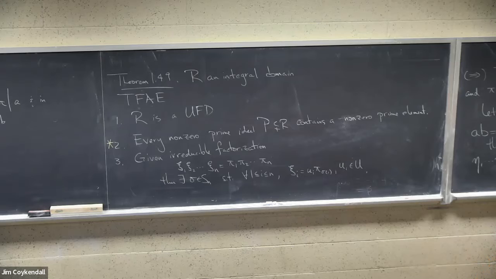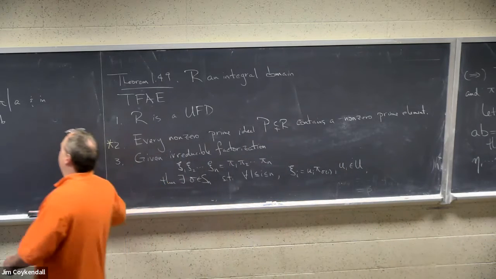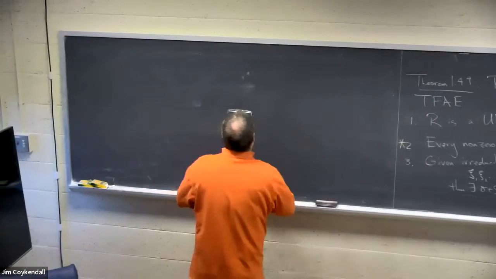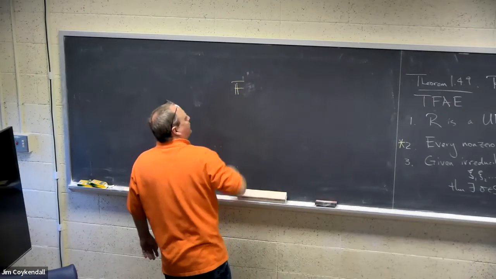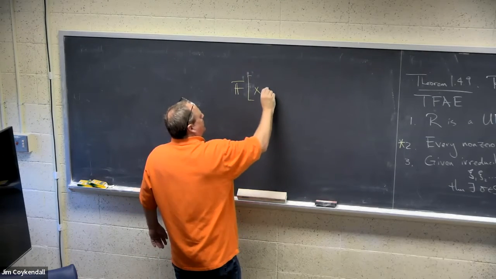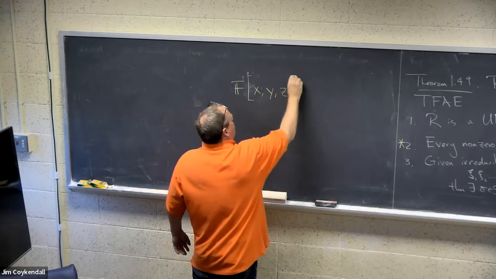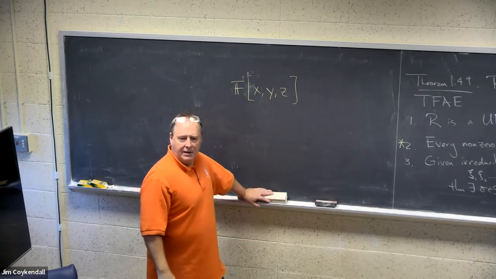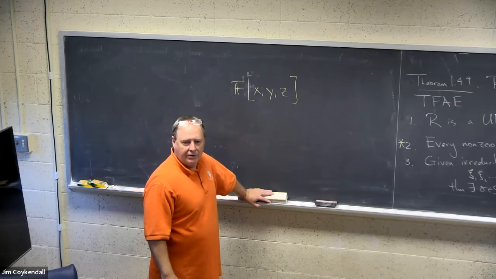Now, this does not mean that the prime ideal P is generated by that element, right? So for example, let me give you something to illustrate this. Suppose F is a field. How many of you are familiar with this? That a polynomial ring over a field in any number of variables is a unique factorization domain.